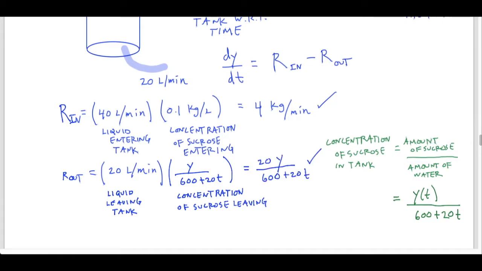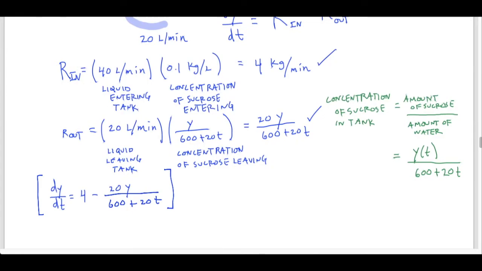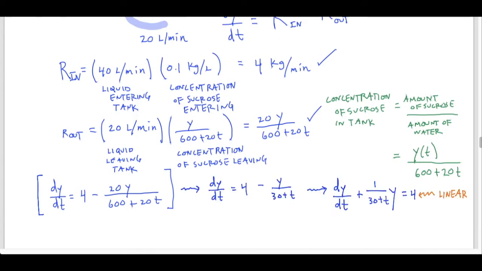Multiplying through, I have an expression for R sub out. And putting all these ingredients together, I now have built my differential equation model. Note that this differential equation is first order, and after some simplification, I can see that it is linear. We've had lots of practice solving first-order linear ODEs recently, so I'll work through the details of solving this differential equation pretty quickly.